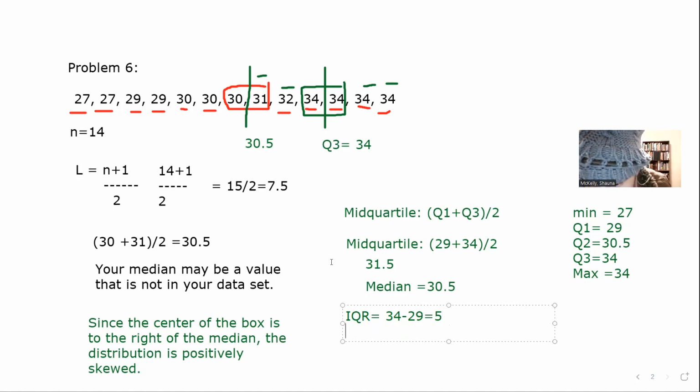Now let's go to another procedure here. To find your outliers, if there are any, we'll see if there are. Your IQR from the previous page is 34 minus 29, which is 5 units.